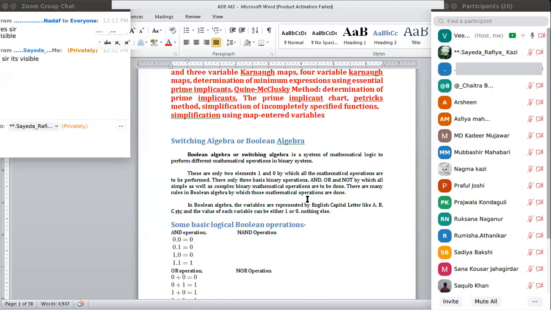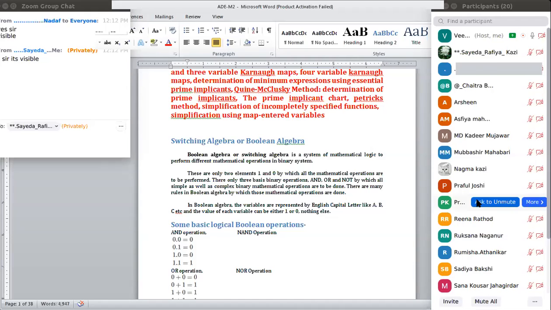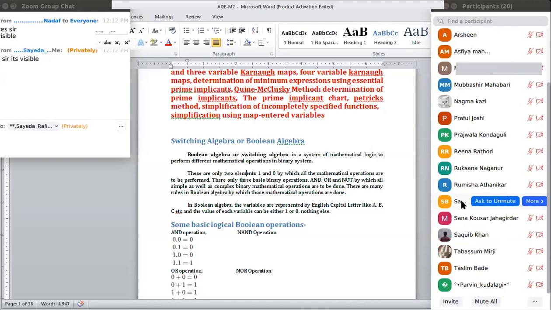You have to understand one thing about this Boolean algebra: it is logical understanding, logical mathematics. Here, these 1 and 0 are used for mathematical operations.